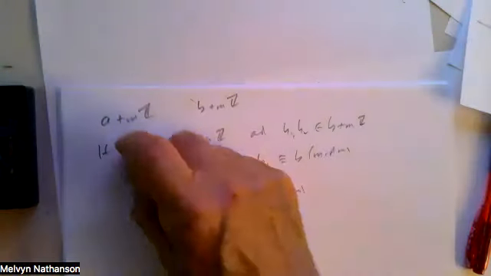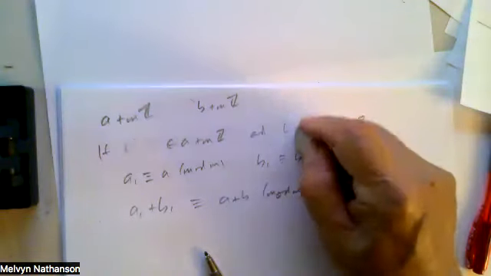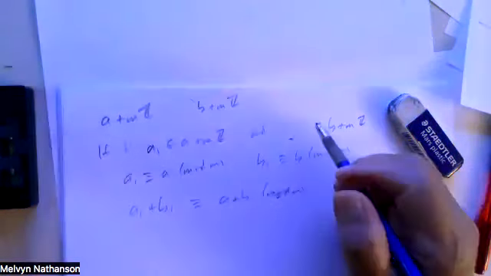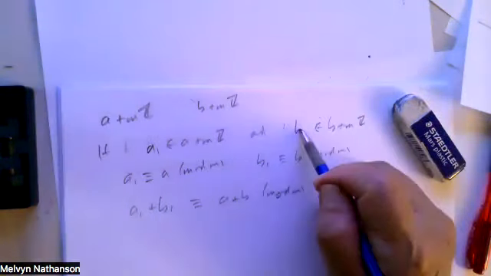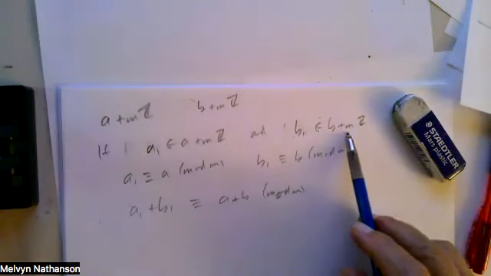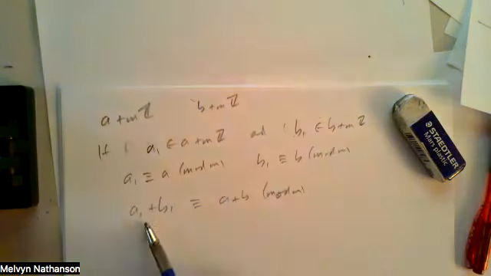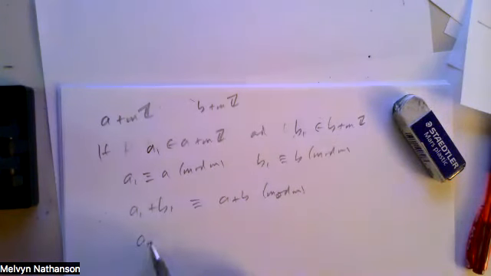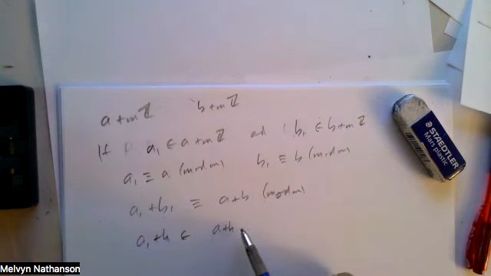Just A1 is in the congruence class A plus MZ. B1 is in the congruence class B plus MZ. So A1 plus B1 is in the congruence class A plus B plus MZ.